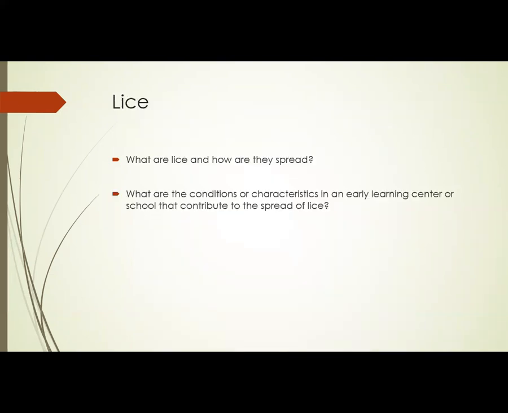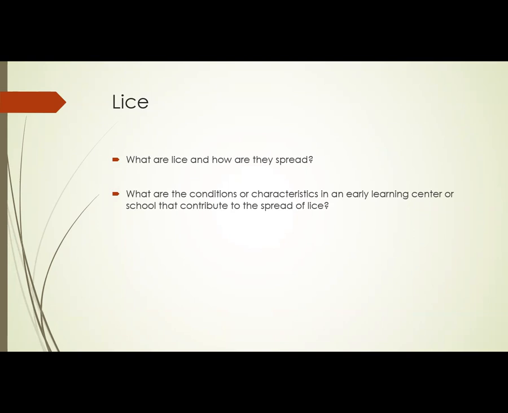And lice. One of the joys of dealing with children is that they're often going to get lice, and it has often had a negative stigma attached to it, like it's a cleanliness thing. However, you could almost say that it's a friendliness thing too, because a kid who's very active with other kids is probably going to get it at some point. Lice, as you probably already know, are tiny insects that can infest the scalp and the hair.